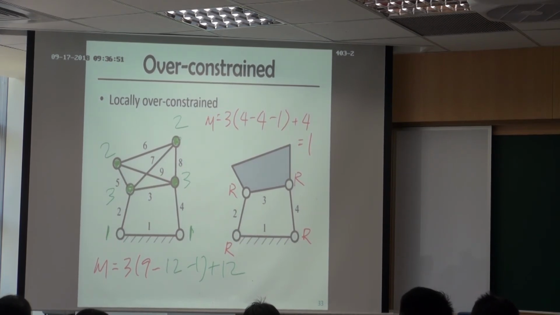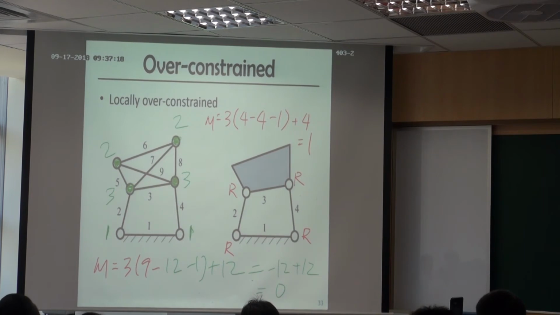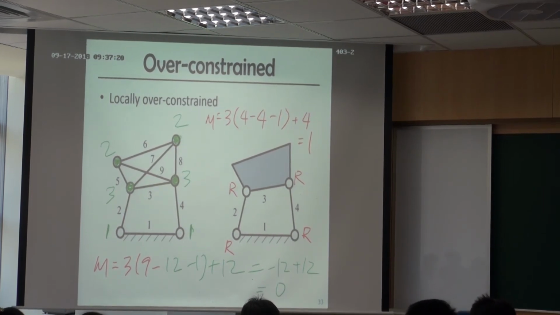If you use this equation to find the mobility, we get 9 minus 2, minus 3, minus 1, minus 4, so minus 12 plus 12. So we'll get 0 here. So if we use the equation, we'll get mobility equals 0.